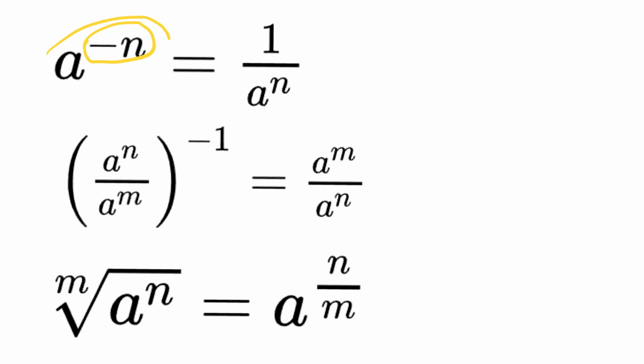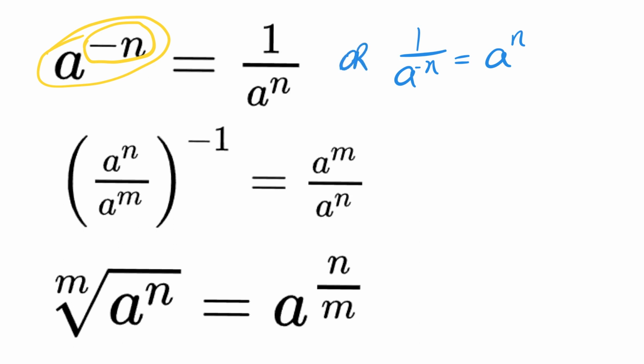So when I have a to a negative n power, that is translated to 1 over a to a positive n. If it would have been in the denominator, it would have been moved to the numerator. So if we had 1 over a to the negative n, that would be equal to a to the n in the numerator. So these both go hand in hand.